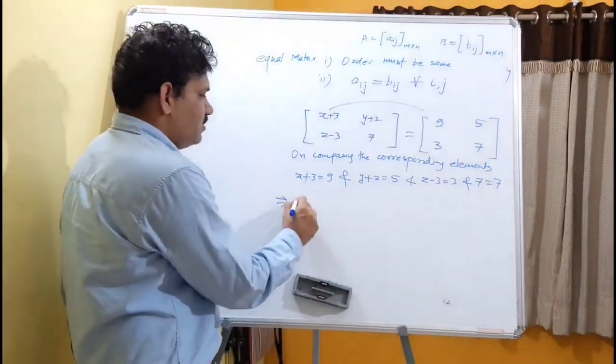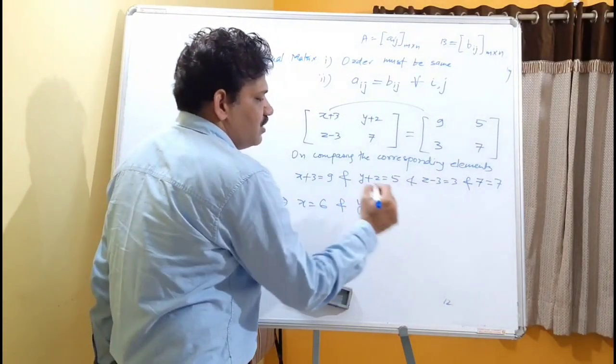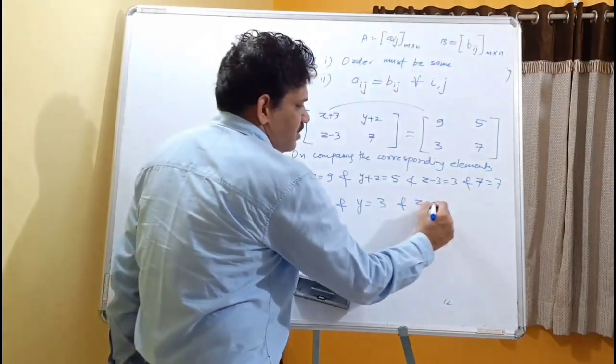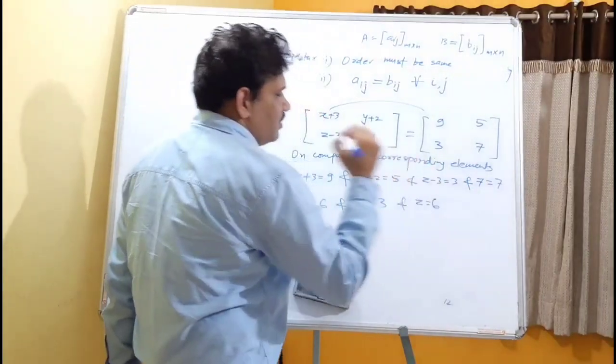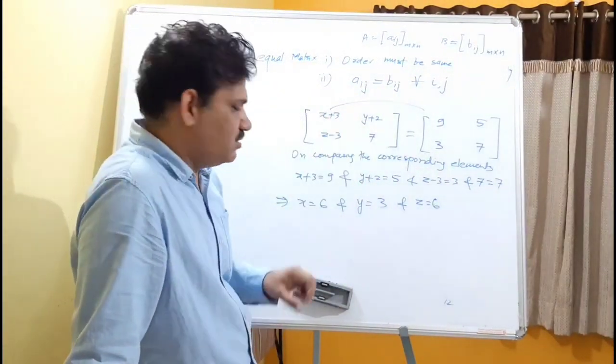So this gives me x is equal to 6, and y is equal to 5 minus 2, that is 3, and z is equal to 3 plus 3, which is 6. Well, this is how we equate two matrices.